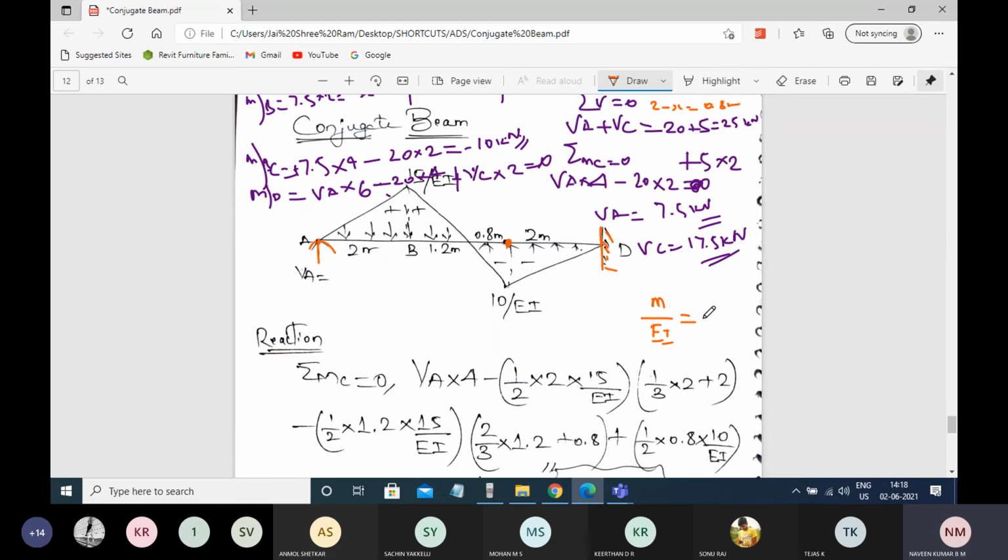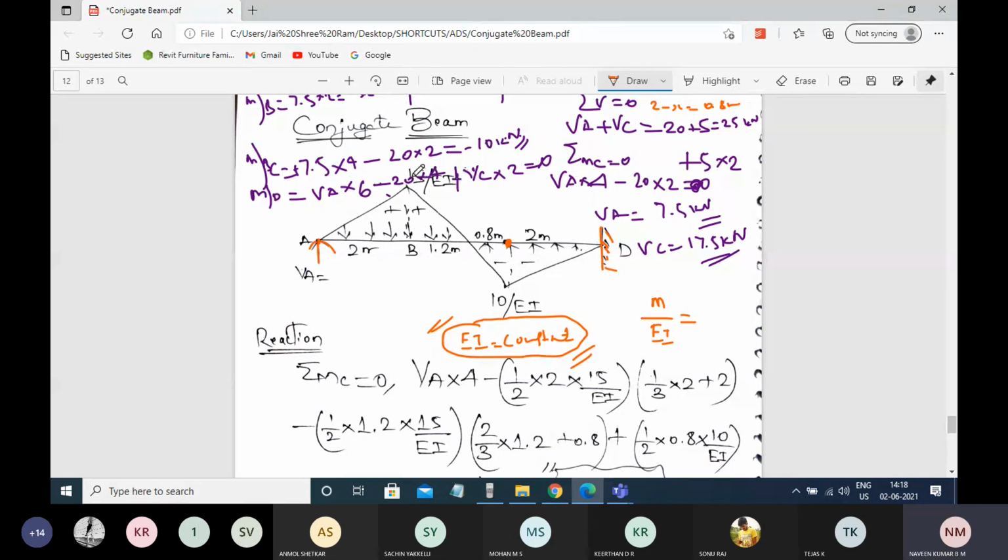Just look at the problem statement: EI is constant, there is no change in EI. You should thank God when EI is constant, but you cannot expect the same in the examination; definitely you can expect a change in EI in the problem statement.